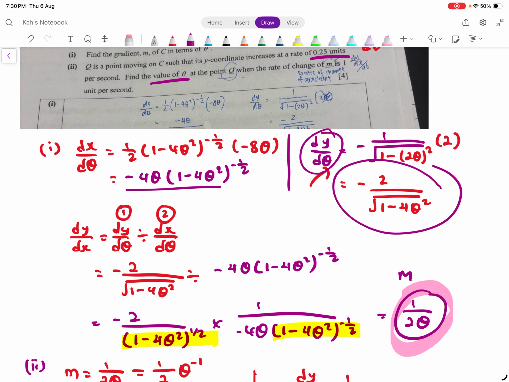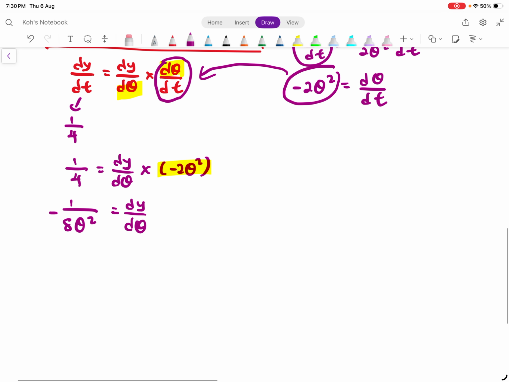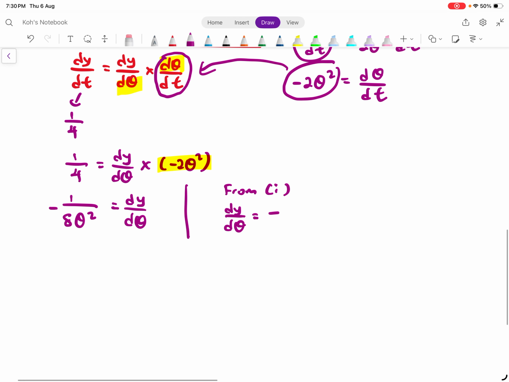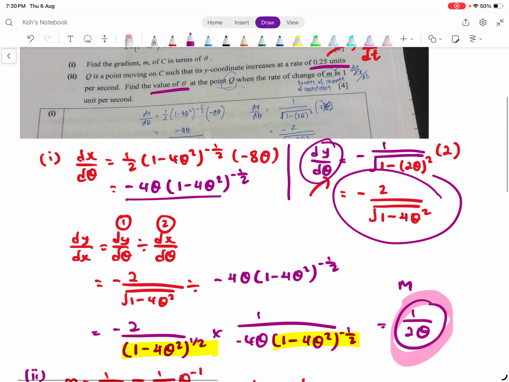This dy/d theta, hopefully I differentiated correctly, is negative 2 over root 1 minus 4 theta square. I just need to sub them together. From the first part, my dy/d theta is equal to minus 2 over root 1 minus 4 theta square. Let's double check first. Yes, correct.